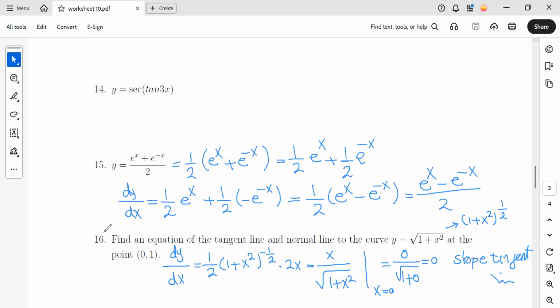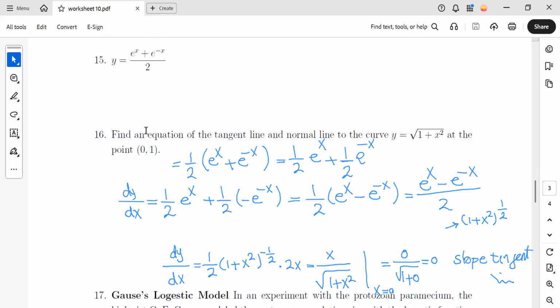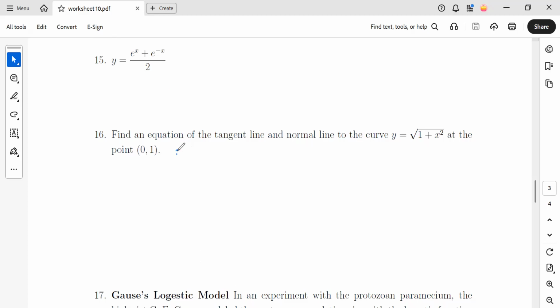We can write the equation of the tangent line here by using the slope and the point that we have. The slope of the tangent line is 0, and the point is (0, 1).